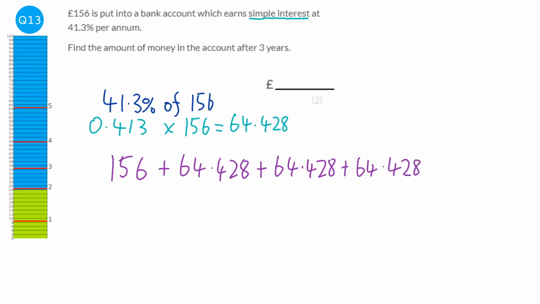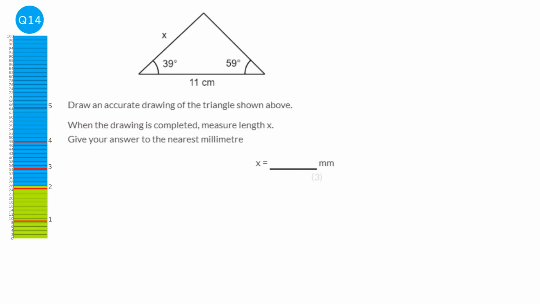Either way, you get the answer of, I should put equals down here, we get the answer of 349.284. But because it's money, we need to round to 2 decimal places. So our answer will be 349.28.